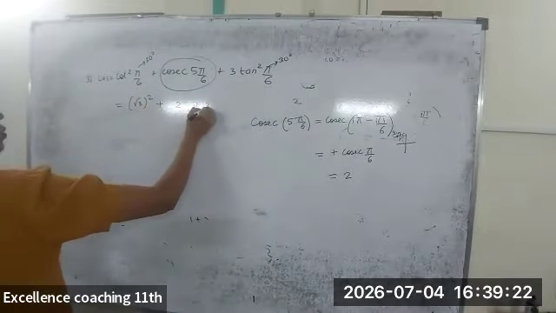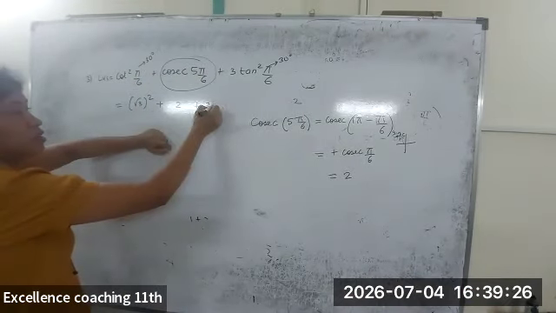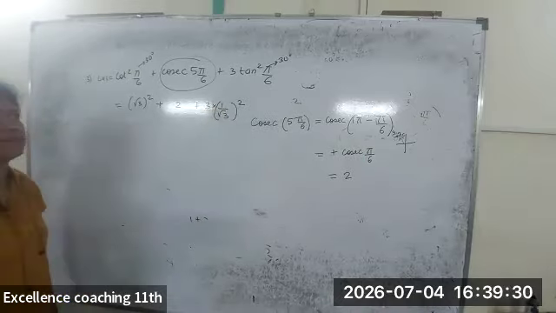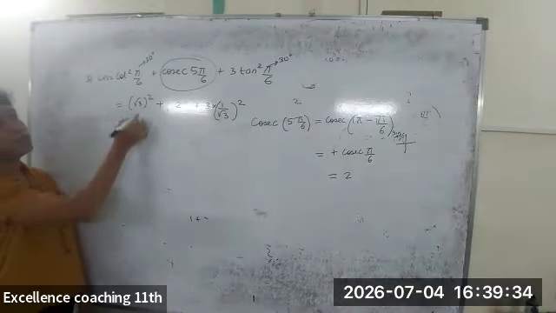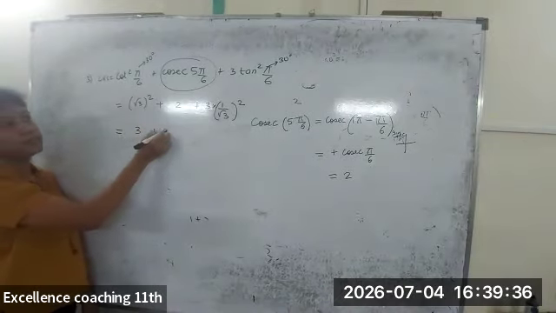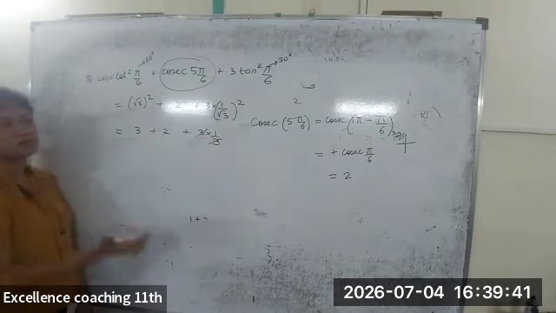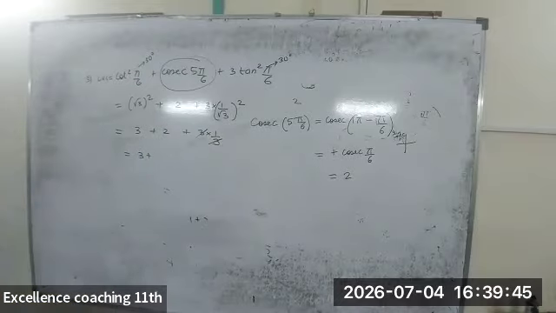There is no square for this one, so just write 2 as it is. Then cot 30 is root 3, and 1 by root 3 squared is 3. And what answer is expected? 6, correct.